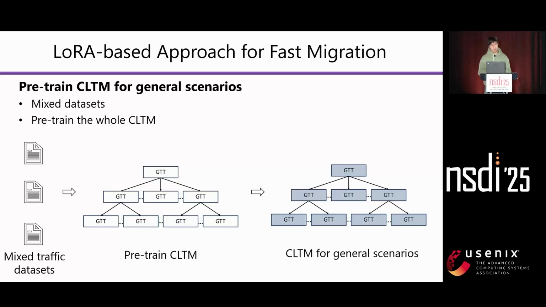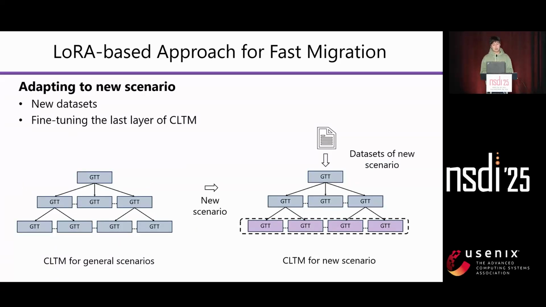And now, let's discuss our LoRa-based approach for faster migration. In general scenarios, we will pre-train CLTM on a general data set; during this phase, the model parameters are trained. However, when deploying into a new scene, we need to fine-tune the model using a new data set for better performance.